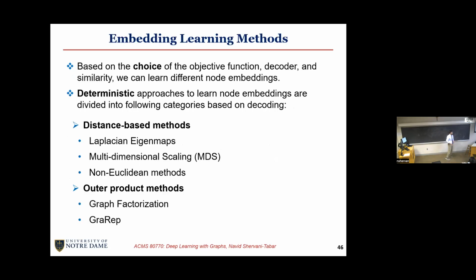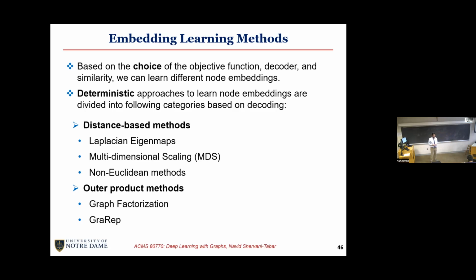So we have multiple approaches to learn these embeddings. They fall in general into two categories. They're either deterministic or stochastic. And today we're just going to focus on the deterministic approaches.